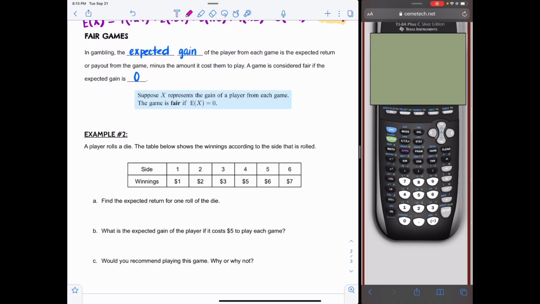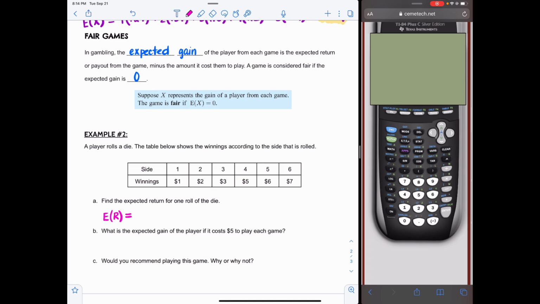Remember, the expected return or the expected value of your return is going to be equal to the winnings for each side times the probability that you will get that amount of winnings. You have a 6-sided die, so you have an equal chance of rolling each side.